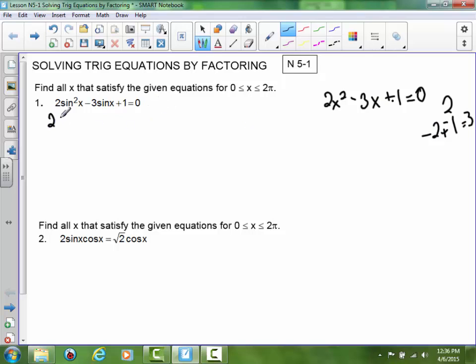We're going to have 2 sine squared x, then minus 2 sine x, minus sine x plus 1 equals 0. And then we look here, and they both have a 2 sine x, leaving sine x minus 1.